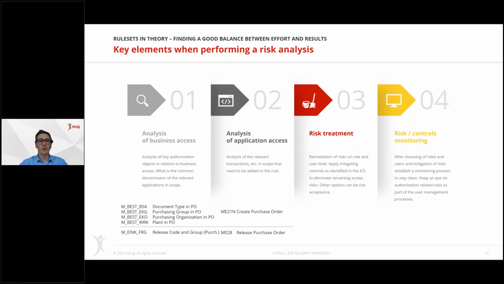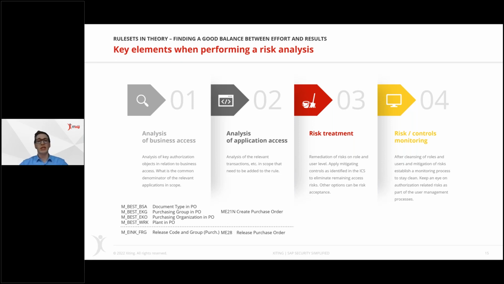And the real risk is only on the user level itself, because this is when users are able to make use of these authorizations. So it doesn't harm my system to have a critical access in a role as long as it's not assigned to anybody. But if it gets assigned to somebody, then it becomes visible and probably a real risk for me.